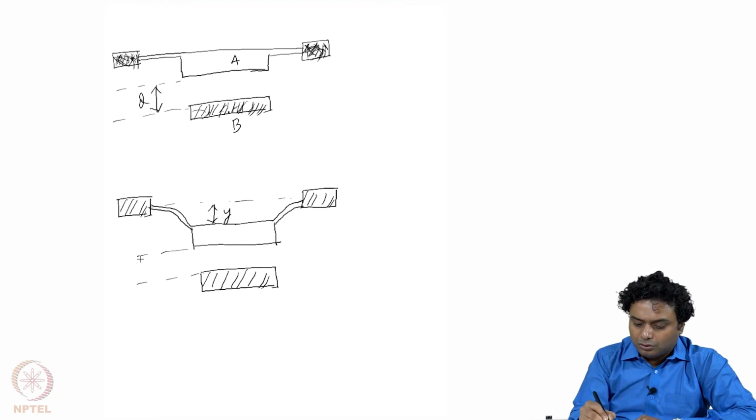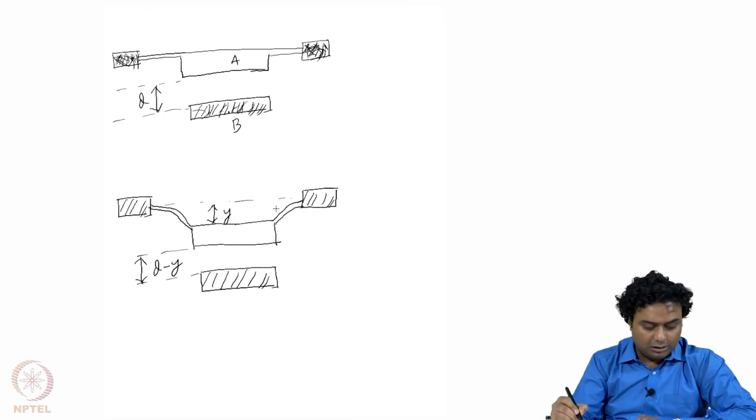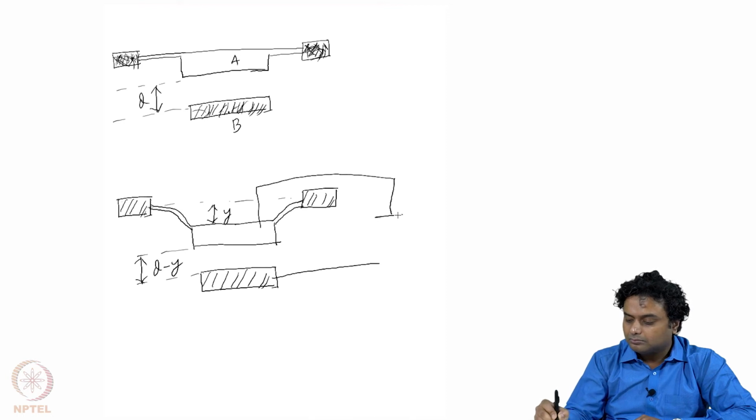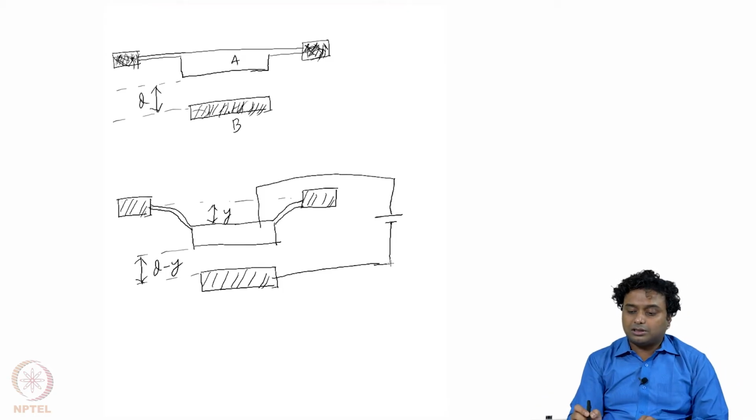So, now this gap which was earlier d becomes d minus y, right. Now, some electric potential is connected.